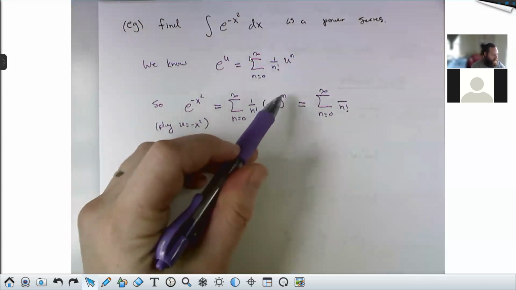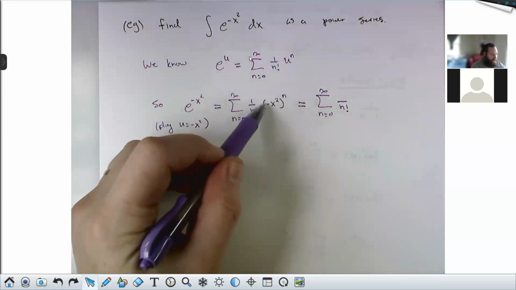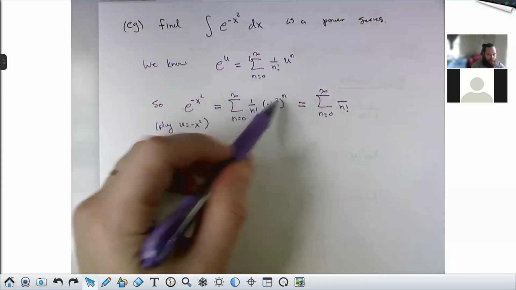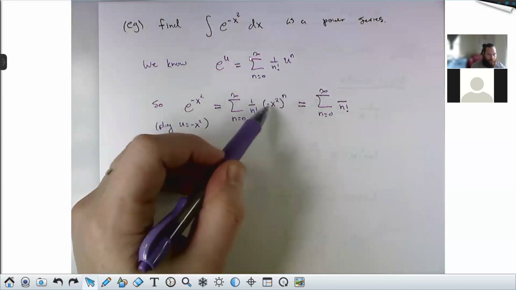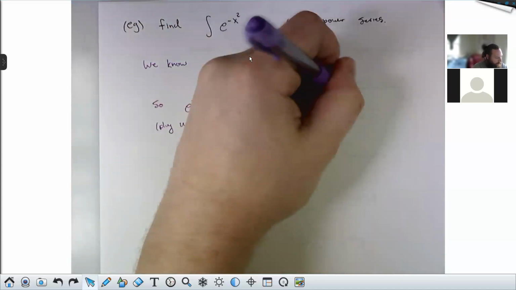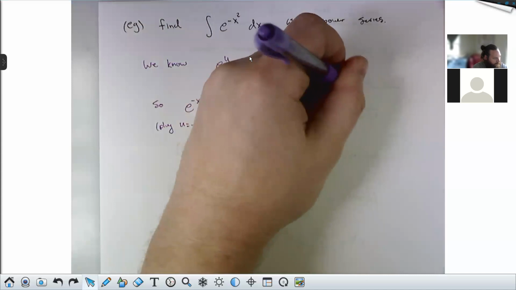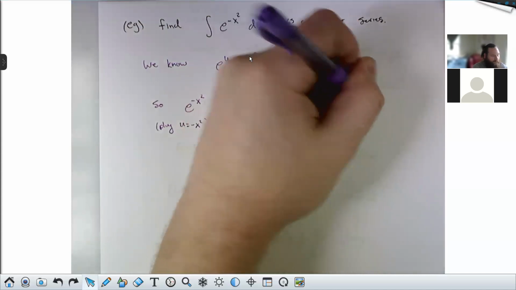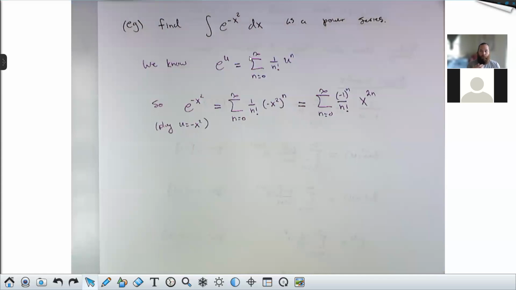Negative x squared to the n is negative 1 to the n times x squared to the n. Negative 1 to the n, we'll put up here. And x squared to the n is x to the 2n. It's the same sort of thing we did when we found the power series for arctan of x squared.